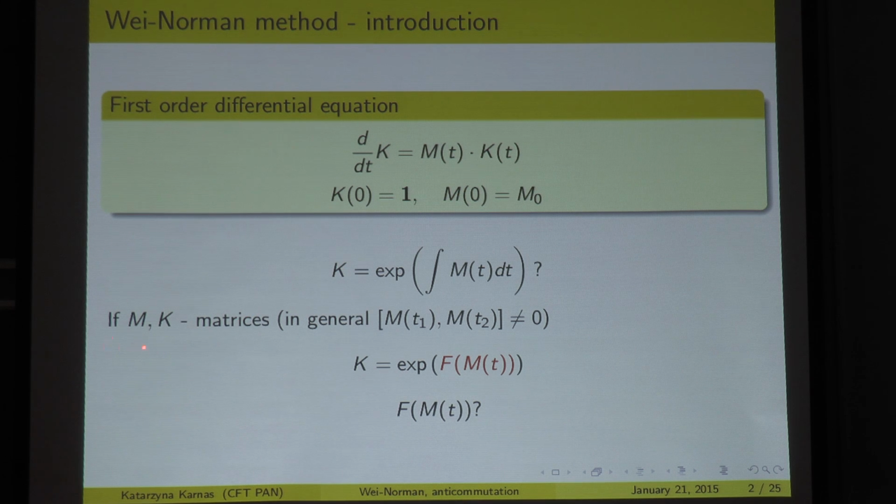But unfortunately, if M and K are matrices, or in general, if M from different moments of time do not commute, this formula is not true, but however, K is still an exponential function of an unknown function of the operator M.